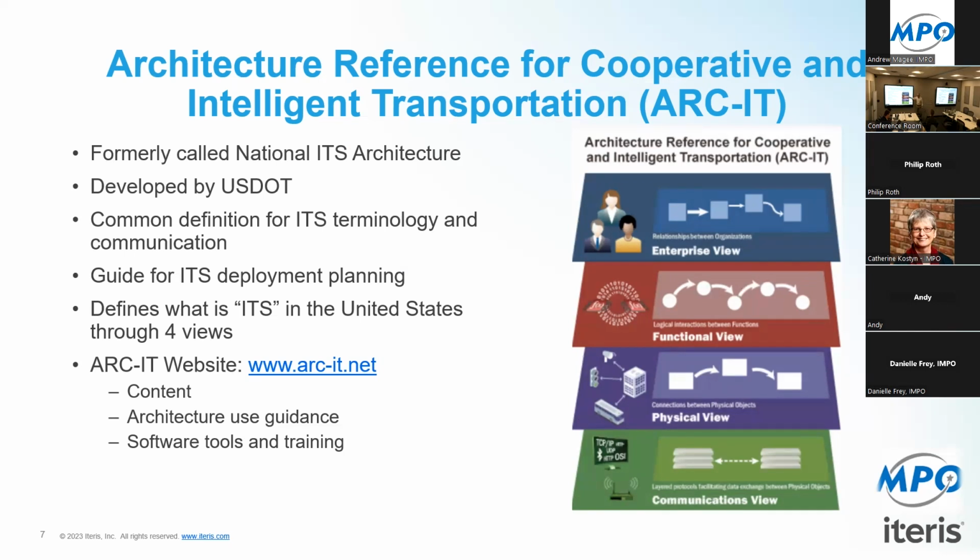Underlying that physical view is the functional view. Those are the functions performed within those systems that actually make things work. On top of that, we have the enterprise view, the institutional layer. Who does what? Who owns, operates, maintains, has agreements with. Those are all laid out in the enterprise view.